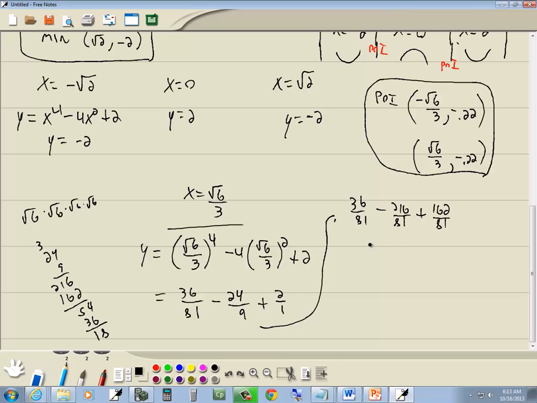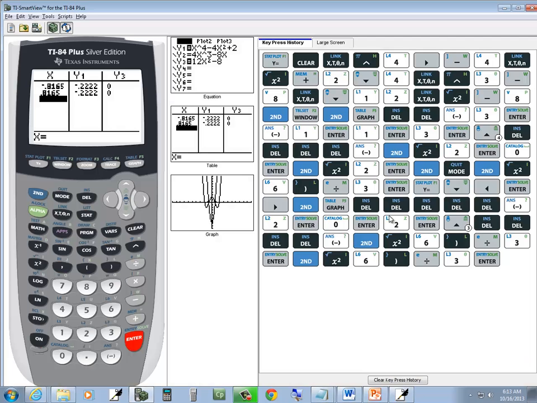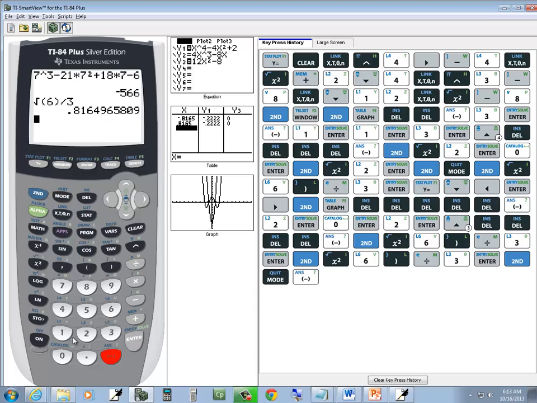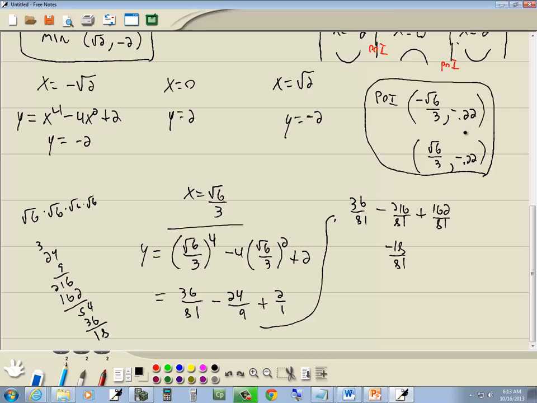Brain shutting down. Gives us -18/81. Assuming I didn't screw up. Let me double check that. -18 divided by 81. And you see we get all the 2's that we got with the POI. So that's how you do it by hand if you want to do it by hand. Again, decimal's fine there. I don't want you to spend a huge amount of time on the algebra on that. But anyway, those are answers.